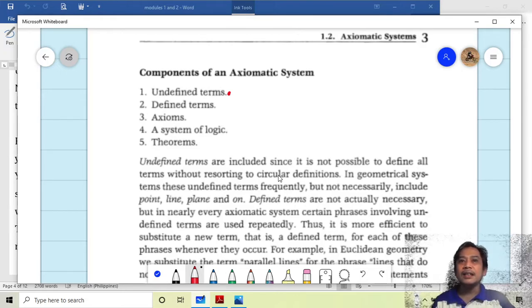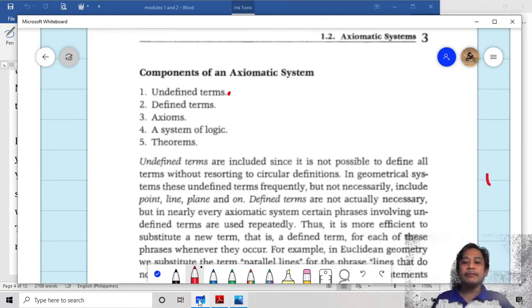But then we made use of points, so we would have to define points. A point is, let's say, our geometric interpretation of a location, okay, and the like. Then we'll have to define what is a location. It would be a never-ending process of defining terms. So that is why there should be terms that all of us have an idea of but need not be defined. Okay, so that is what we meant by undefined terms.